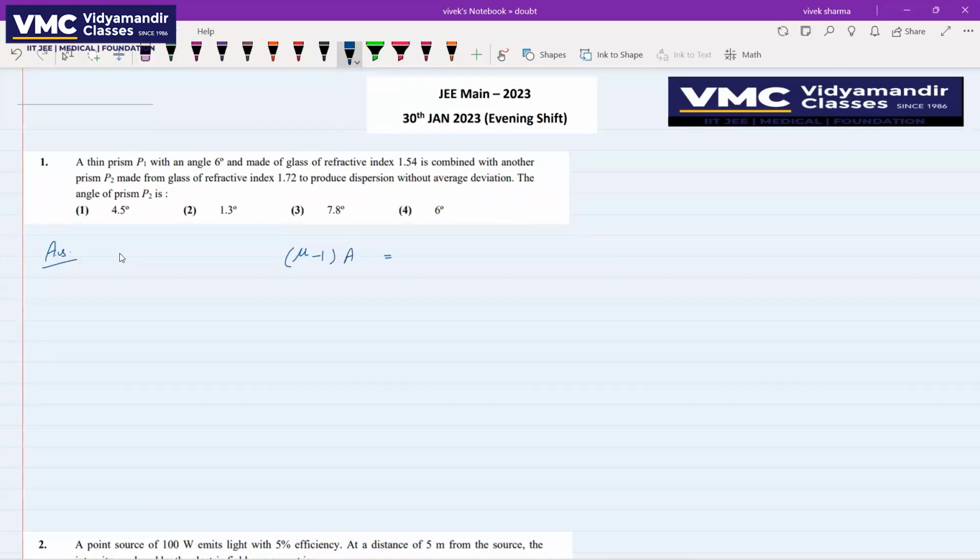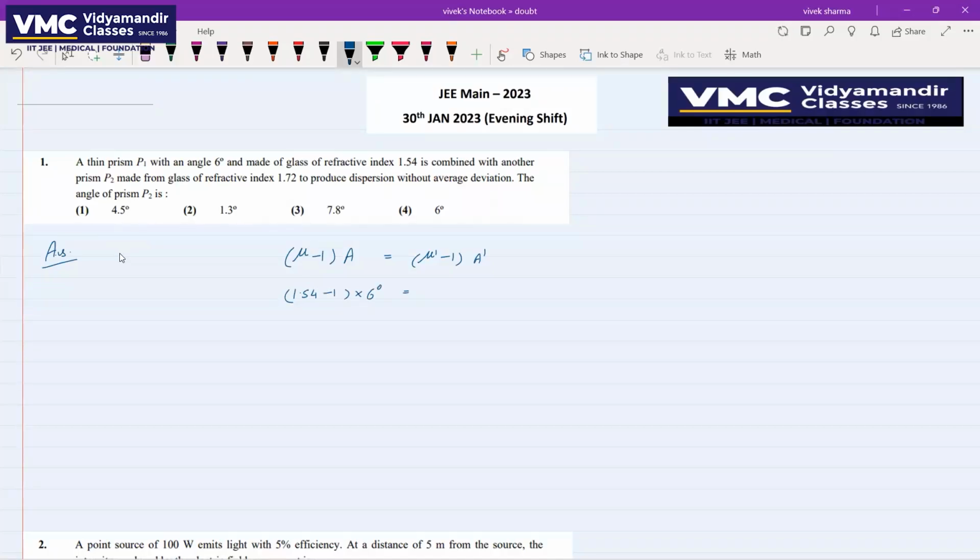So for the first prism, I take the notation: refractive index of prism is mu and angle of prism is A. For the second prism, refractive index is mu dash and angle of prism is A dash. For the first prism it is 1.54 minus 1 and the angle of prism is given as 6 degree.